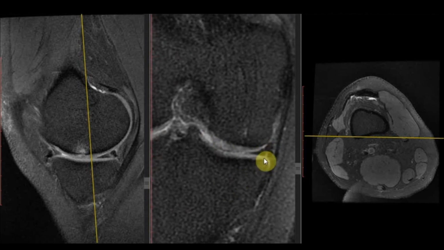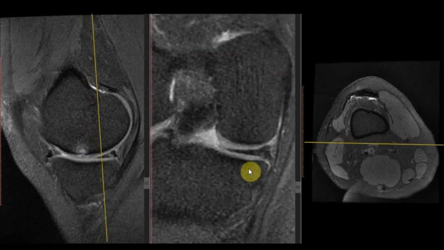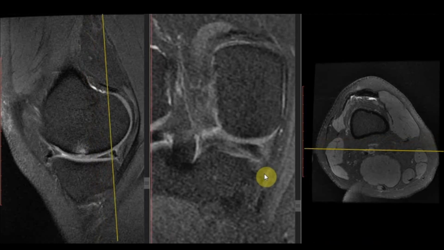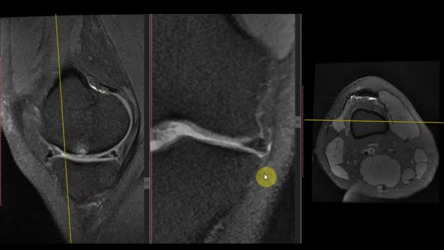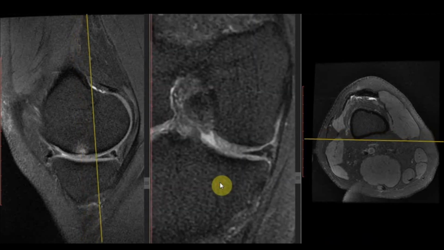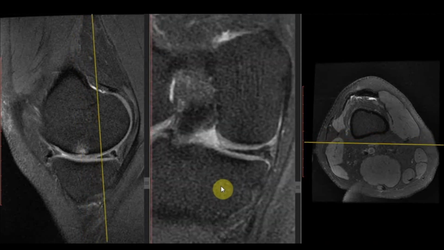So this is the portion of the body of the medial meniscus, and there is vertical hyperintensity seen here. And there is osteochondral injury involving the medial femoral condyle, the cartilage as well as underlying bone showing edema. Let's see in the axial plane.